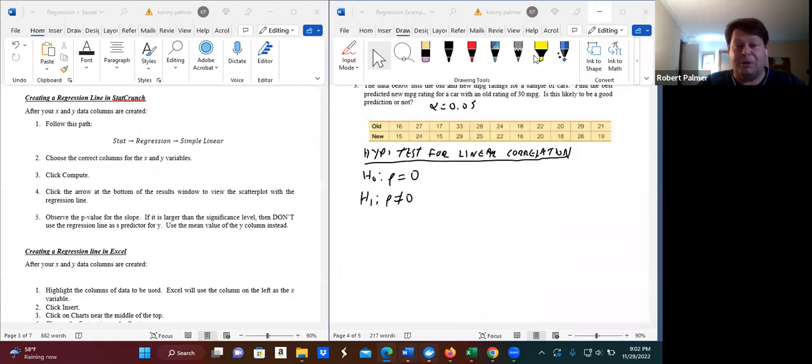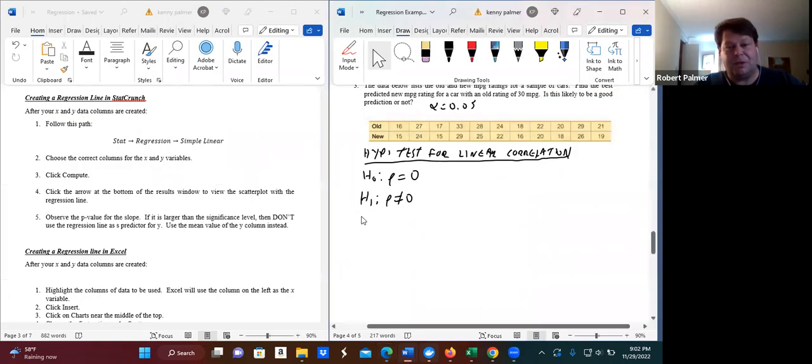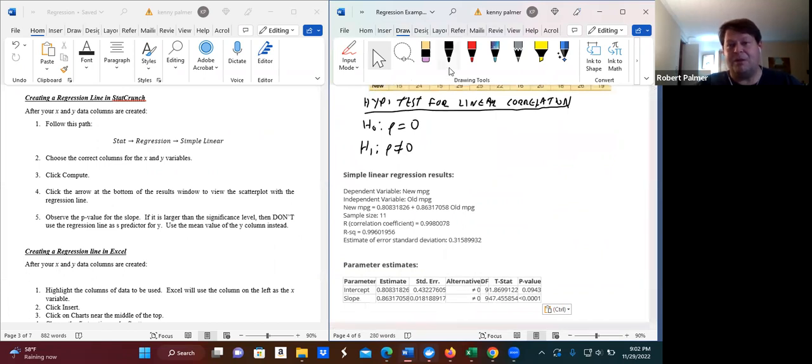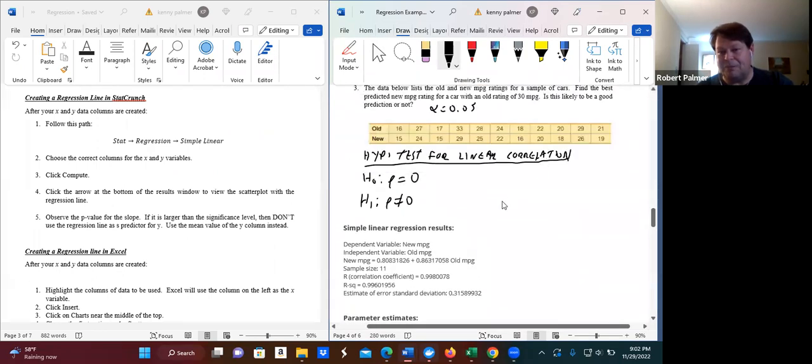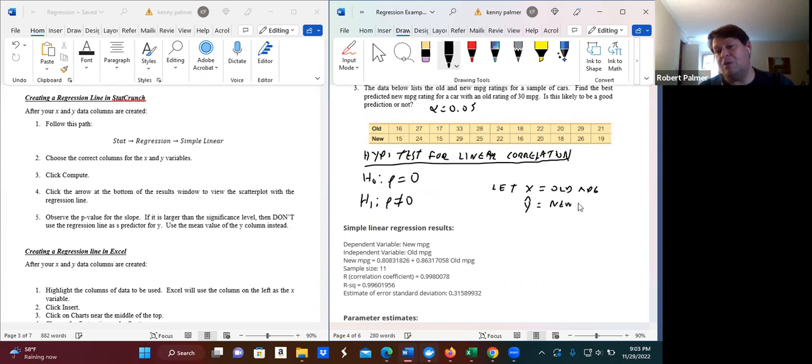So let's go back here. Let's plug this in. And once again, we'll pick out the information we need. Okay. And I'll go ahead and mention as we did before. So we're going to say let X equal the old mile per gallon rating, and Y hat is going to be the new miles per gallon rating.